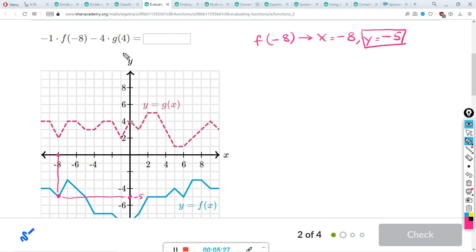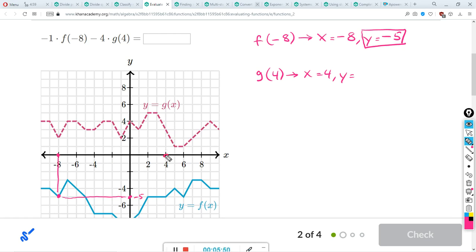All right, and the other part, g of 4. So we're going to go to x equals 4 and find out what y equals on the g graph. Okay, this is the g graph. So x equals 4, here's our x-axis.